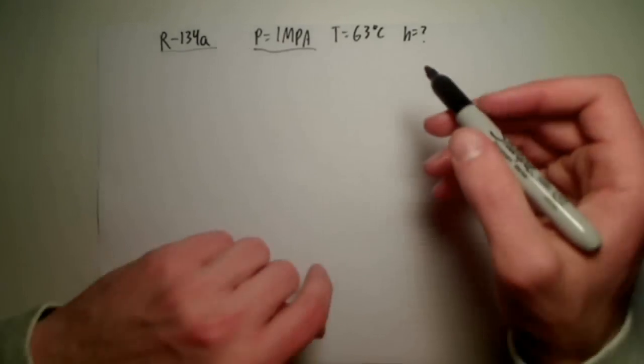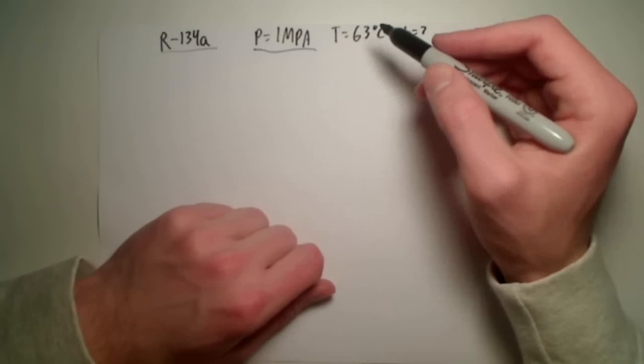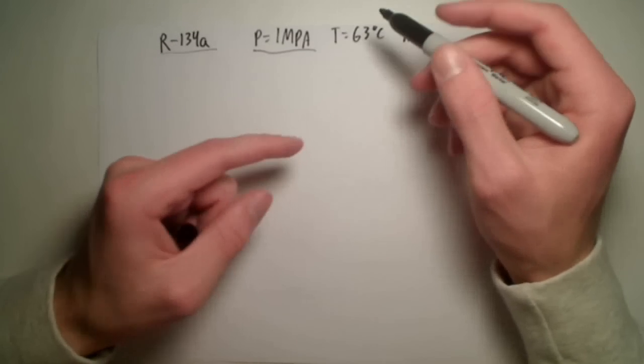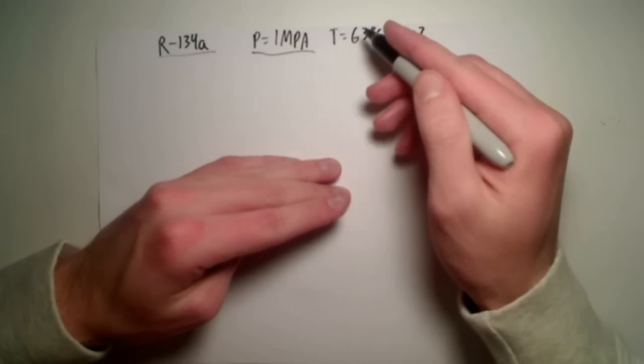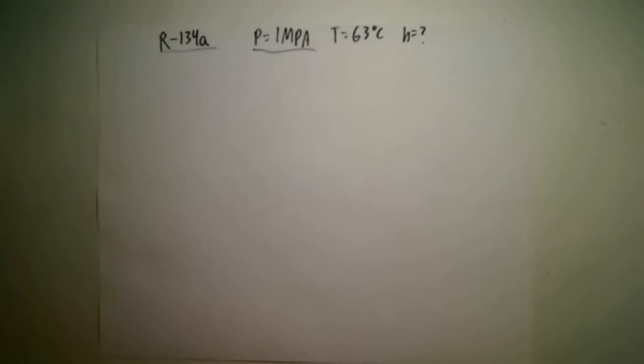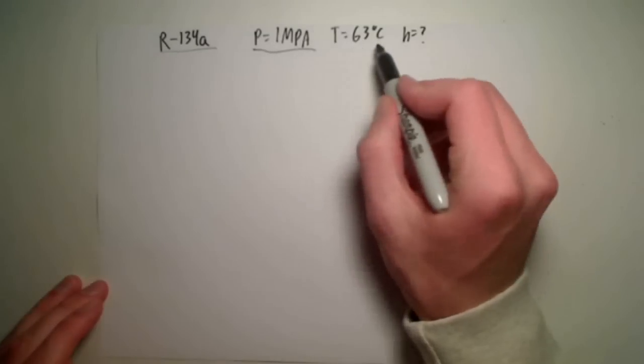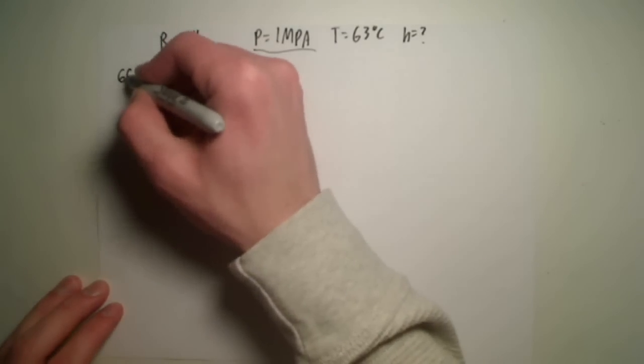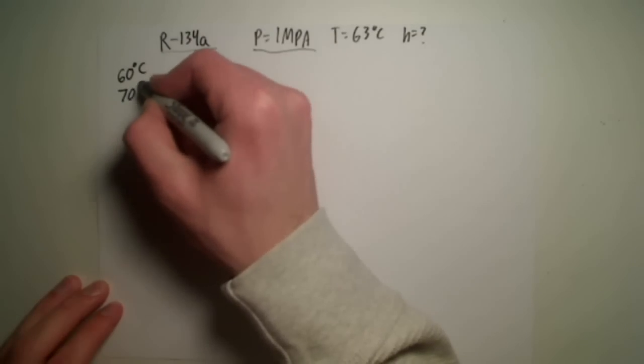We're going to look at the two temperature entries that include 63 degrees, the two closest that we can find, to make our linear interpolation estimate more precise. I look at the table and see that 60 degrees Celsius and 70 degrees Celsius are the two closest entries that house 63 degrees Celsius.